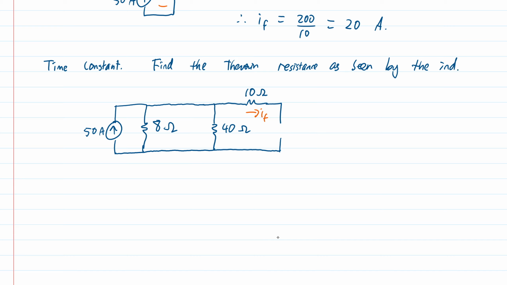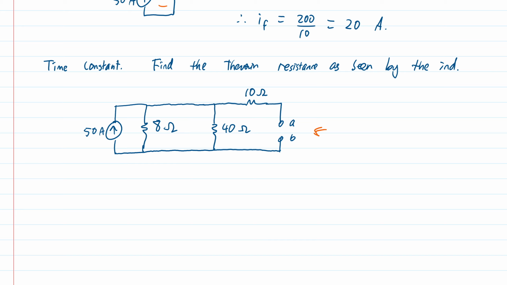So if I take my inductor and I take these pins here, so I've got like terminals A and B, and I'm looking into my circuit, what is the Thevenin resistance that you see if you look into the circuit here? So remember, we turn off our independent sources. If we have dependent sources, then we need to apply a test source to that.